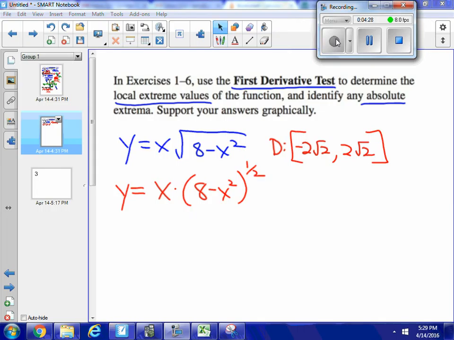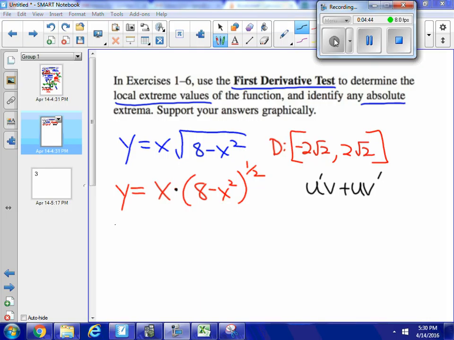And I have a product here, so I'm going to have to use the product rule. The product rule, as you may remember, is u'v plus uv', the derivative of u times v plus u times the derivative of v.